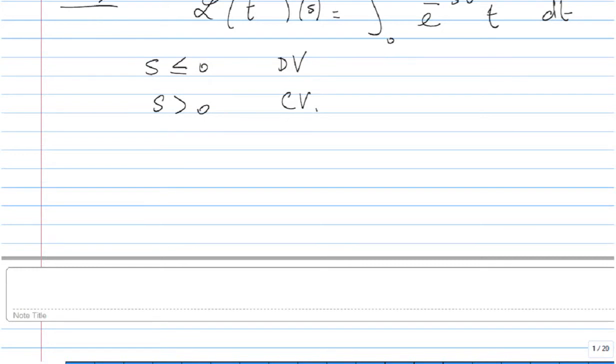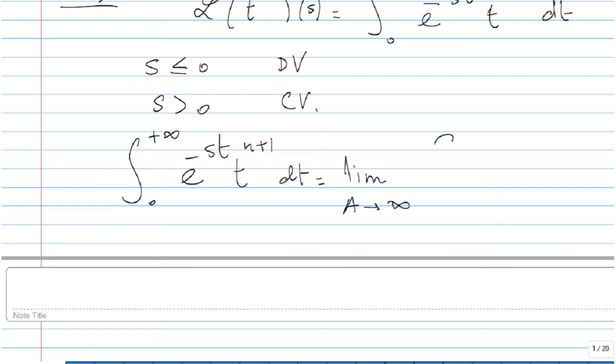Because they are asking us to find the Laplace, let us use the definition of the improper integral: the integral from 0 to a of e^(-st) t^(n+1) dt.